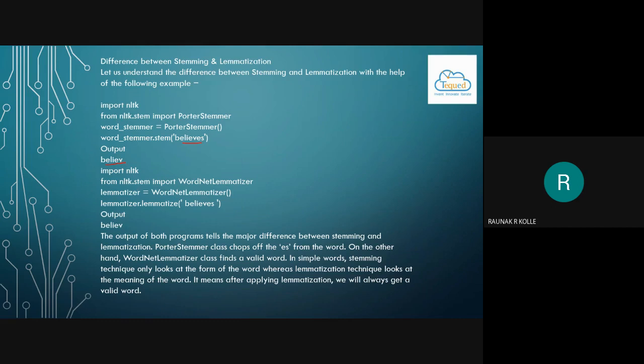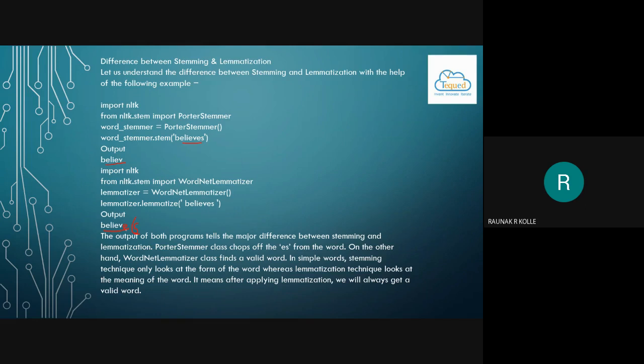But when we give the same word believes to the lemmatizer, it holds the ending E and removes just the S. It separates out the S. Now, believe is a valid word existing in the dictionary. The output of both programs tells the major difference between stemming and lemmatization.